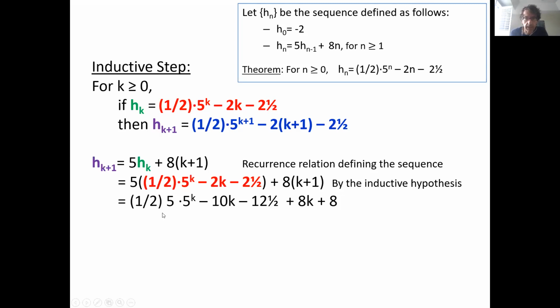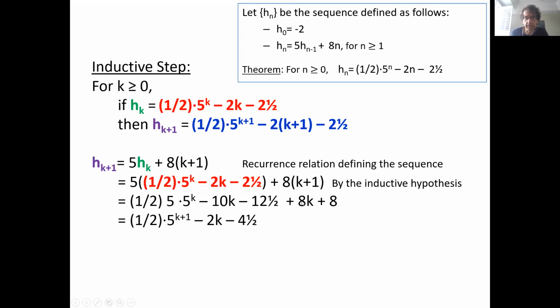You can see how we do it. It's 1/2 times 5 to the k, so this is going to be 5 to the k plus 1 as you need. Now don't forget that this stuff has to be multiplied by 5. And this you cross multiply, done, right? So this is in a good form, and now we're just grouping elements.